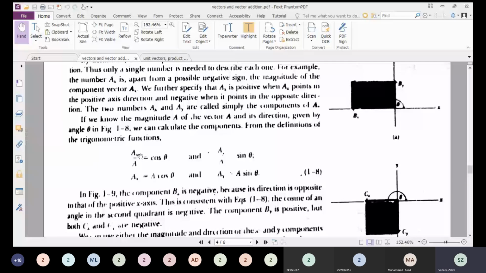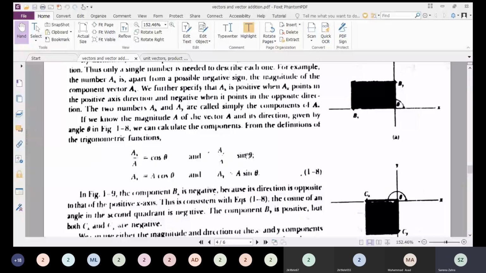When it is along the x-axis, we will have cos theta. When it is along the y-axis, we will have sin theta. From here we can calculate ax is equal to A cos theta and ay is equal to A sin theta.